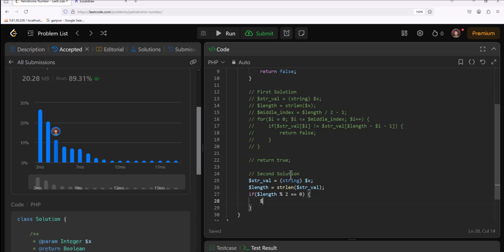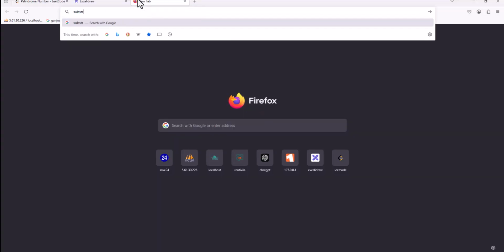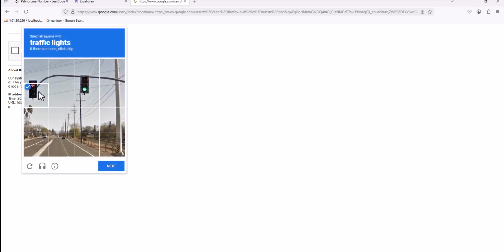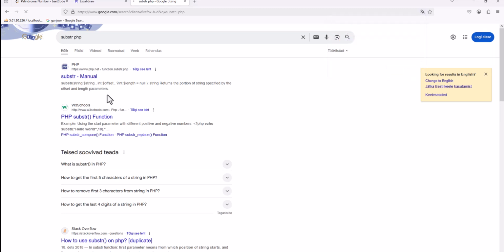We say that part 1 is substr, I think. I always forget the PHP function parameters, so we need to solve this captcha to find what the parameters for substr are.